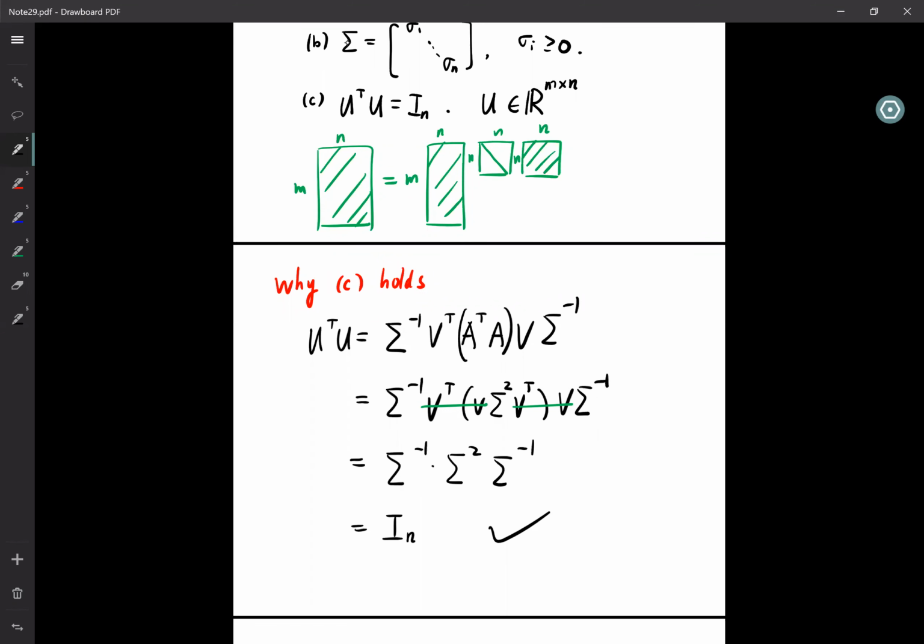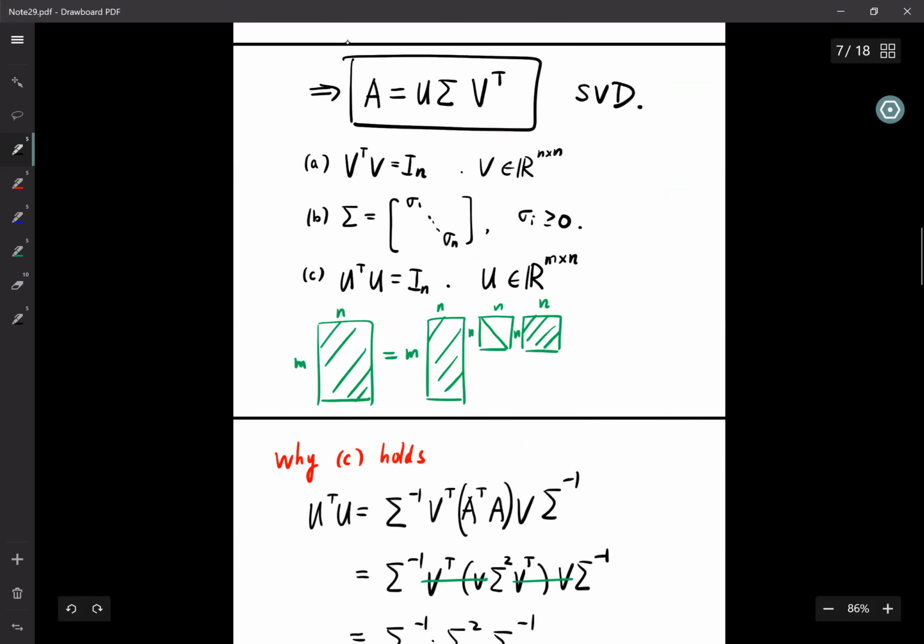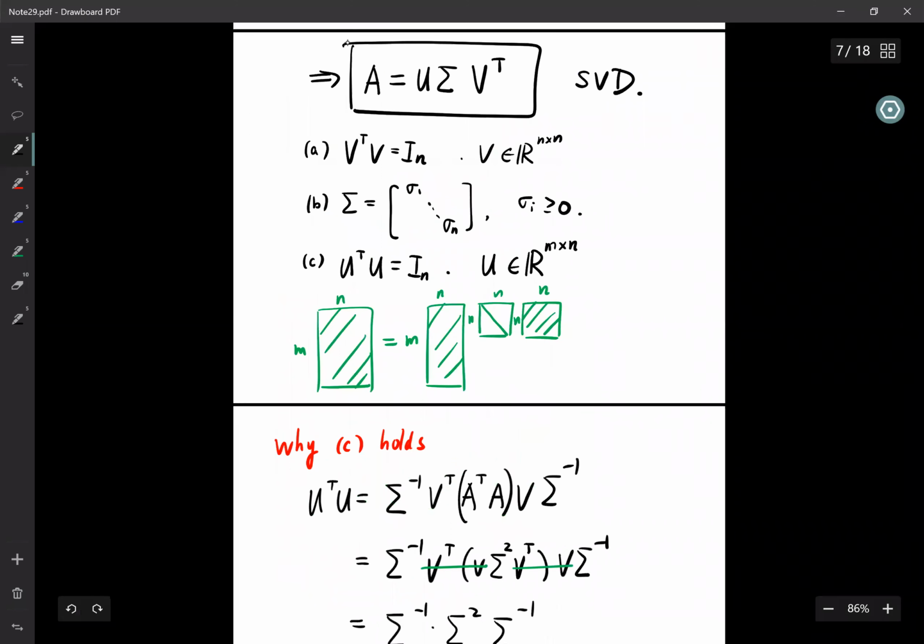Any question? Yes. Why is it that our sigma squared matrix is defined as all positive? It's because the sigmas are chosen to be all positive, or rather, you can always choose the sigmas to be non-negative.